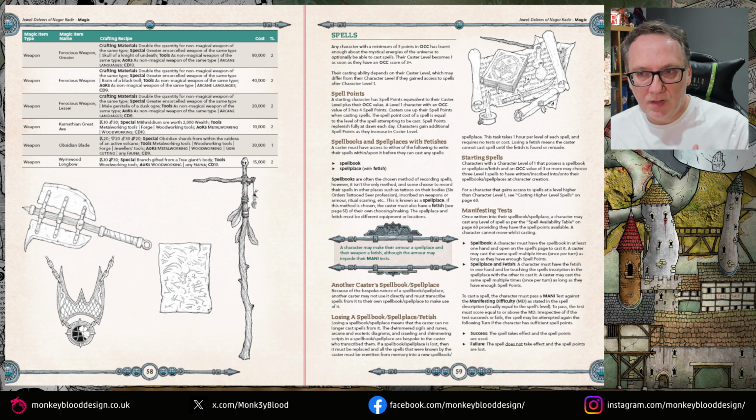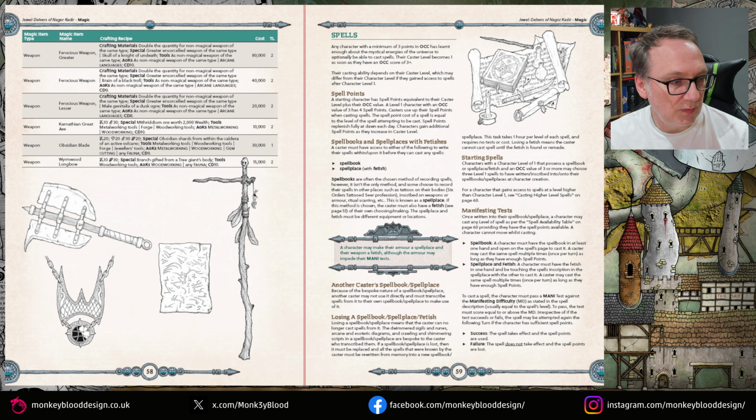So you cast with spell points, but every spell you need to make a test to cast it, which means you could fail to cast the spell, and if you fail to cast, the spell points are lost. I think that's right. Obviously if you succeed, you've spent them anyway.